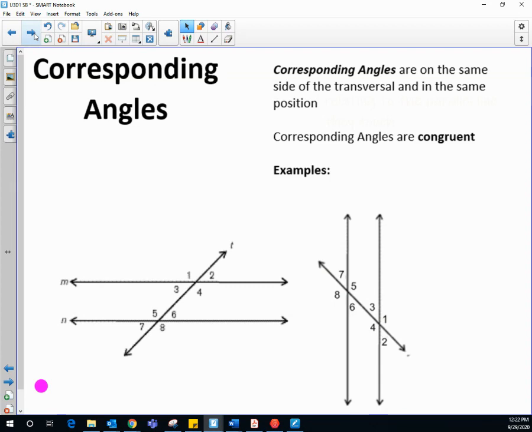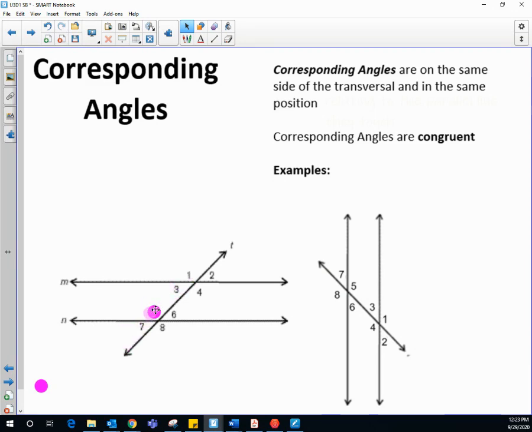I like to think of these as there's going to be one in the interior, one in the exterior. Remember, they can't be next to each other because they have to touch 2 different parallel lines. So let's pick an angle. Let's say I pick angle 5. I need an angle that's on the same side of the transversal, so I'm either looking at 7, 3, or 1.